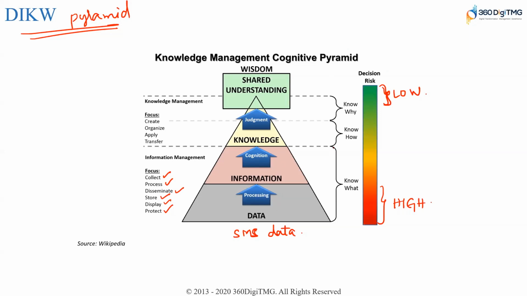These two, data and information, will tell you what has been happening until now. So data in the most raw format can be considered as SMS data. What would you do with that? You try to process that data and you try to get some information out of it. For example, information could be that there are 100,000 telecom customers, all in the age group of say 20 years to 45 years.